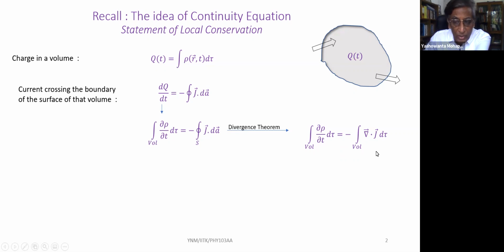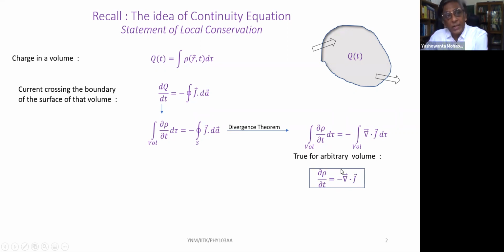But this equality is true for any volume, and if it is true for an arbitrary volume, then the integrands must be equal, and hence del rho by del t must be equal to minus divergence of J. You remember this; we did this at the start of magnetostatics, because for magnetostatics divergence of J was 0 or del rho by del t was 0.